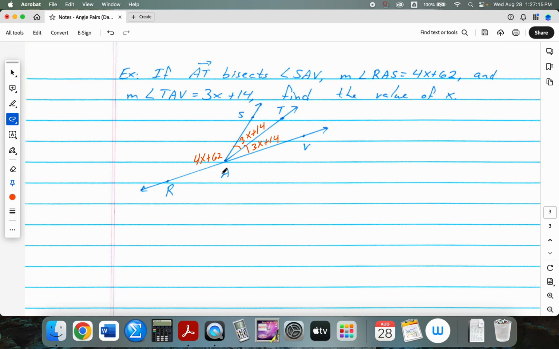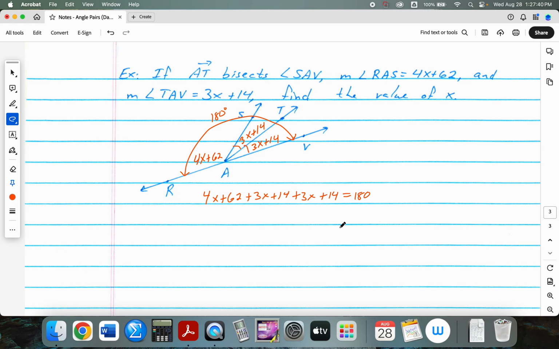And since RAV is a straight angle, what's the sum of all three of those angles? 180. So our equation would be 4x plus 62 plus 3x plus 14 plus 3x plus 14 is equal to 180.